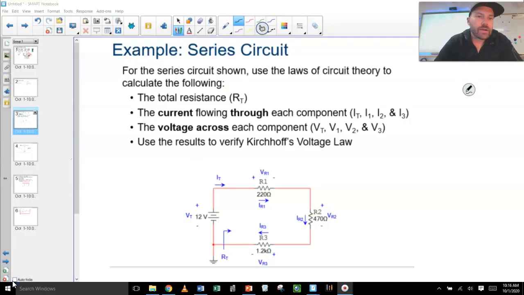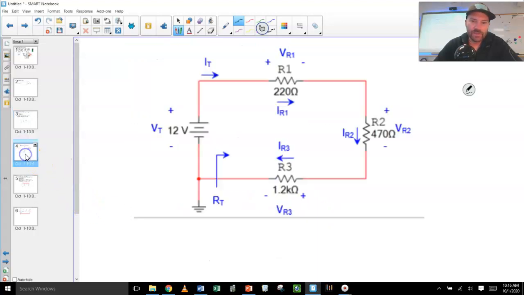The next example that we're going to do is a series circuit. Now, a series circuit is when you hook things up kind of like a choo-choo train. I have this example right here, and I can't do 220 or 470, so I'm just going to round this to 200, and I'm going to round that to 500. So we've got a circuit that looks like this.